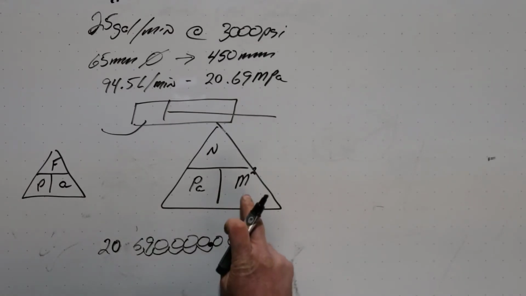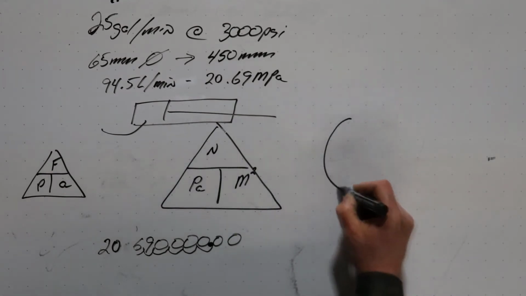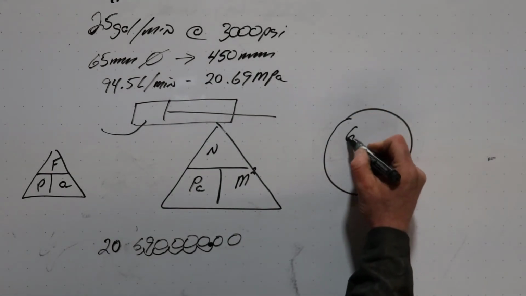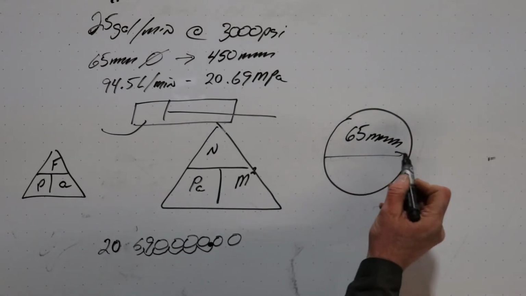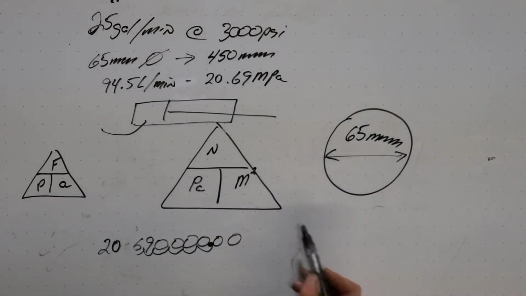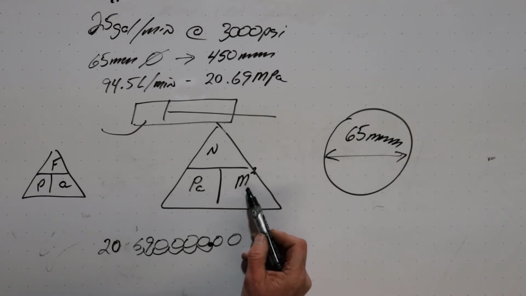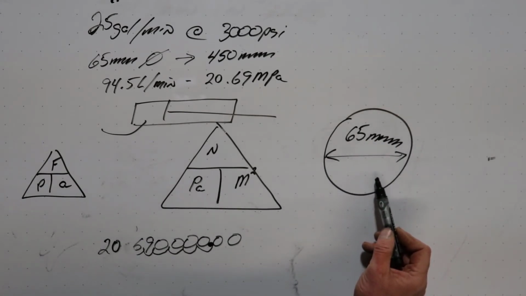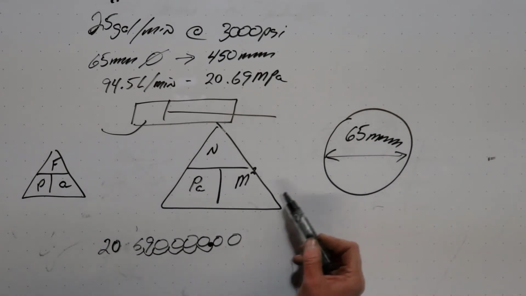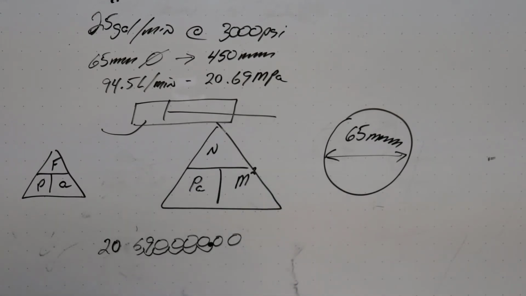So now we need to get our area. The cylinder was 65 millimeters in diameter. Our answer needs to be in meters. So there's a few things we can do. We can figure out our area in millimeters, and then divide it by whatever it takes to get it into meters.